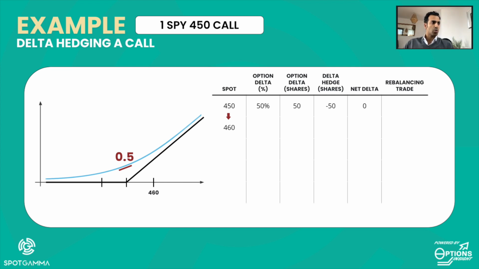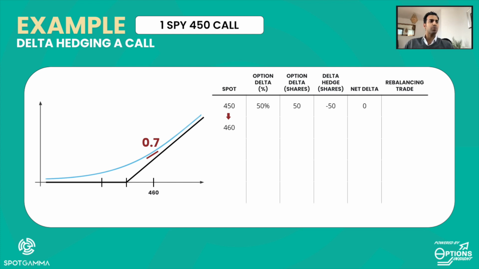Here, we were at the money with a delta of 0.5. We've now moved up to 460. And as we know, as the call option becomes more in the money, that delta is getting steeper. So we could say that the delta at 460 may well have increased to around 0.7 or 70%.